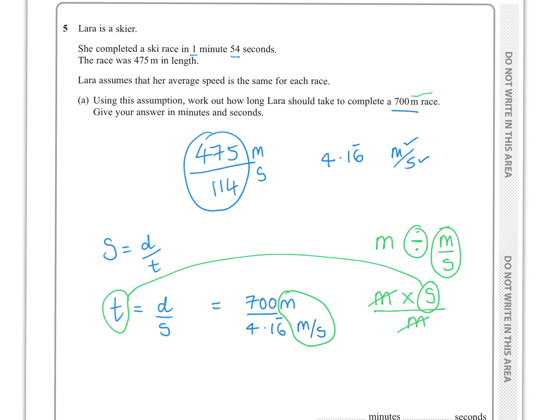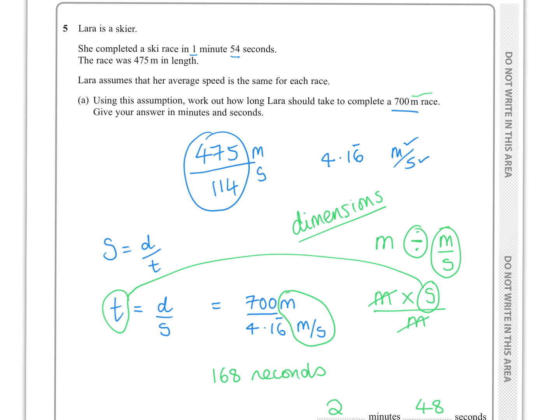So you can always check your dimensions. That's a good tip. So we're doing 700 divided by 4.16 recurring, and we're going to get 168 seconds. Now 2 minutes is 120 seconds, and that's going to leave us 48 over. So 2 minutes and 48 seconds altogether.